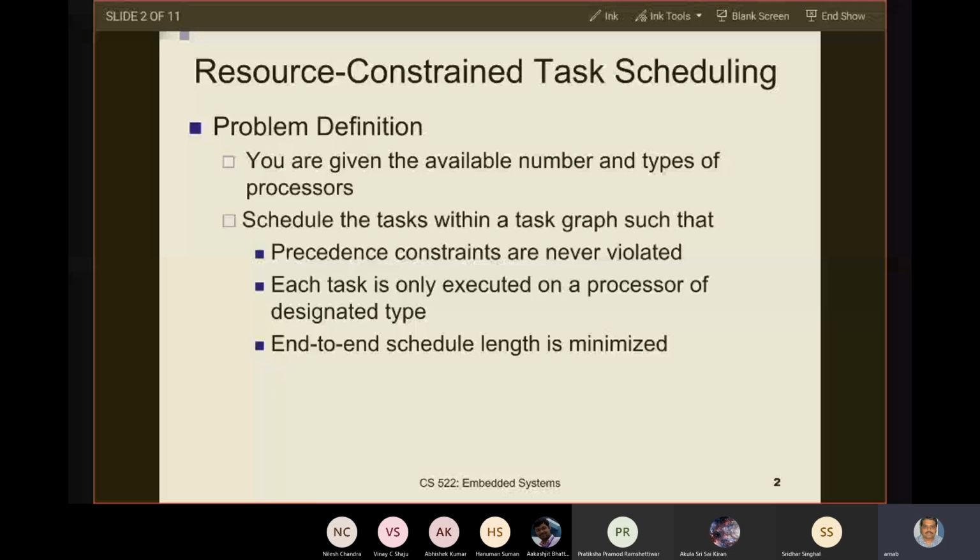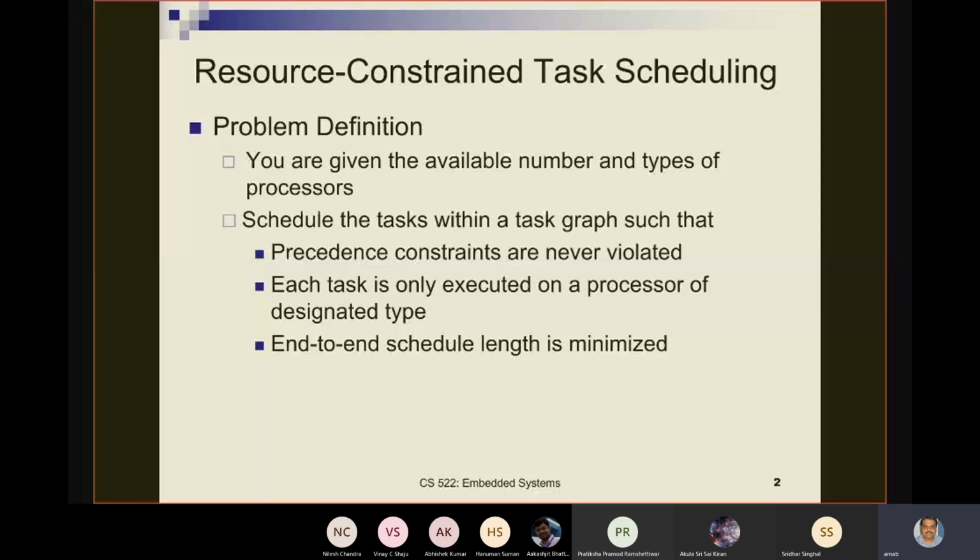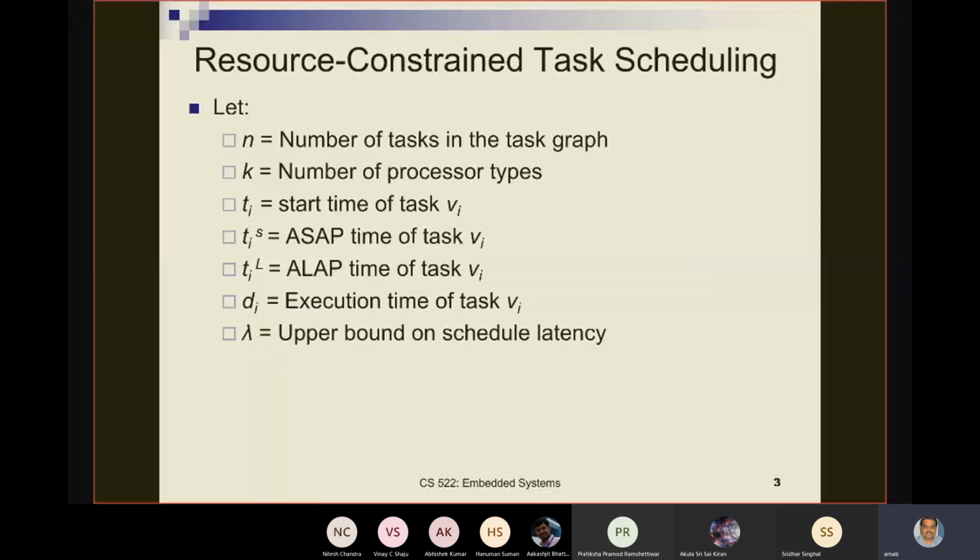So given this problem definition, we'll try to define a constraint satisfaction problem model, which can be taken as input by various software tools like LP-Solve, Cplex, etc. Then the solver will solve the problem and give us the optimal solution. Our job is therefore to formulate the problem as a constraint satisfaction problem.